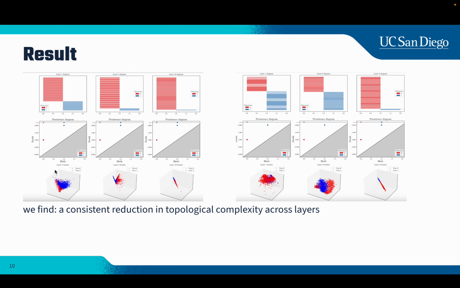And we can see from the scatter plot that the two classes are not separable since the points are gathered together. But as our network goes deeper, the number of bars gradually decreases, and at the last part of the network, the blue bars nearly vanish, which means the loop structure nearly vanishes. And from the scatter plot, we can see that the two classes become linearly separable.